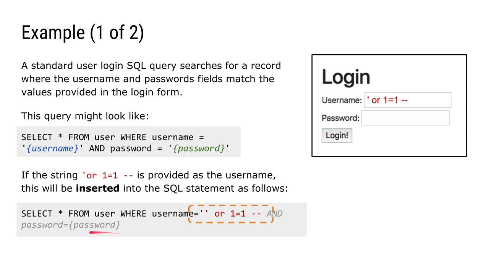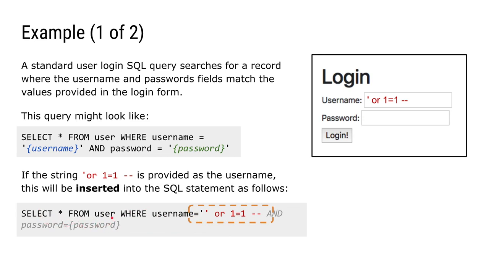The rest of this doesn't even get run. Now this bit's the interesting bit: username equals blank or 1 equals 1. Well, 1 equals 1 always returns true. OR is a Boolean operator where if one side or the other is true, it will return true. So this basically evaluates to select everything from user where true, which is the equivalent of saying just select everything from user.